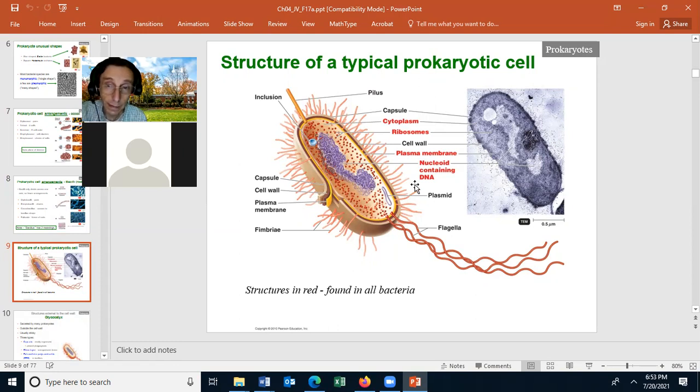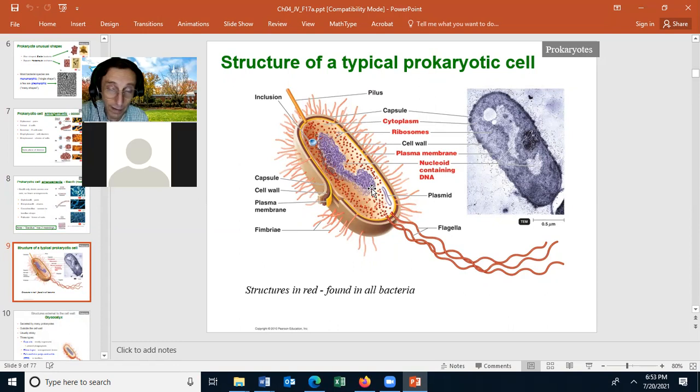And when you look at it, the nucleoid region does stain differently than the cytoplasm. But, for example, in this region of the cytoplasm, there's no DNA, but the DNA can move over here, just float over there. And then that would be a nucleoid region. Any question about that?